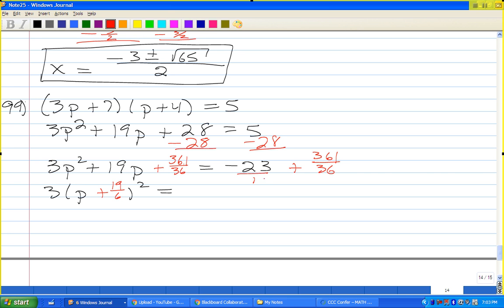Let me multiply and divide by 36 to get a common denominator. 23 times 36 is 828. So it's 828 over 36 plus 361 over 36.